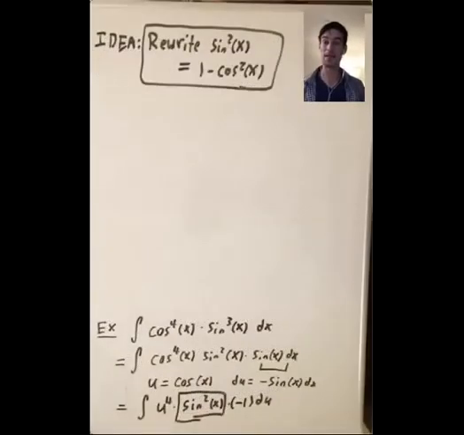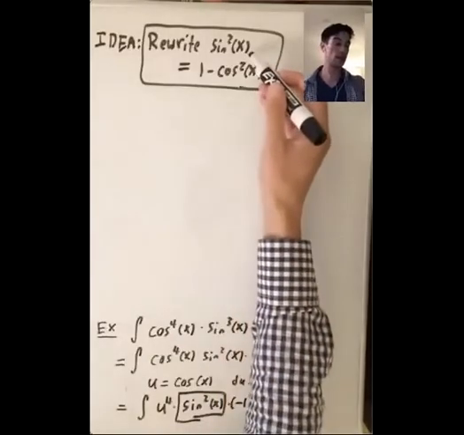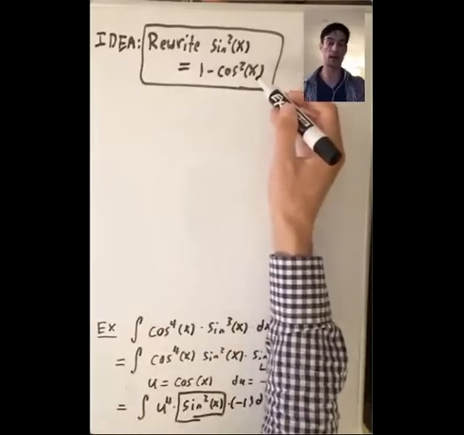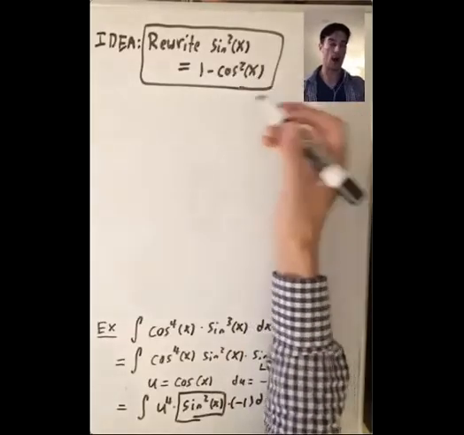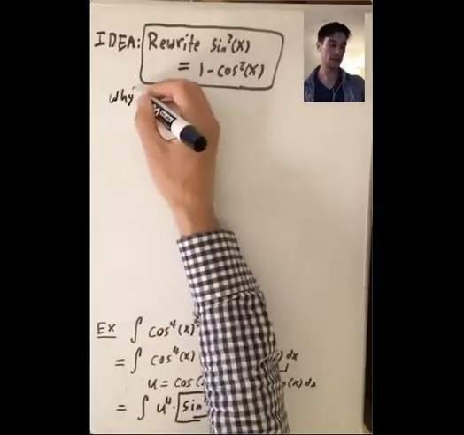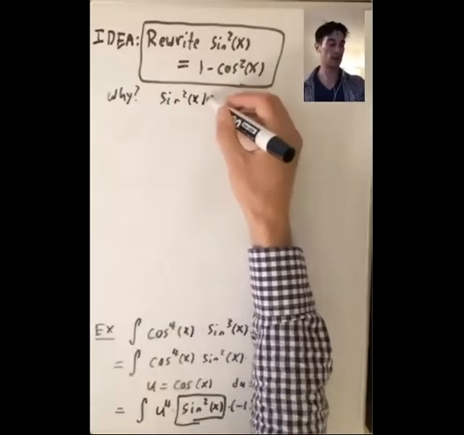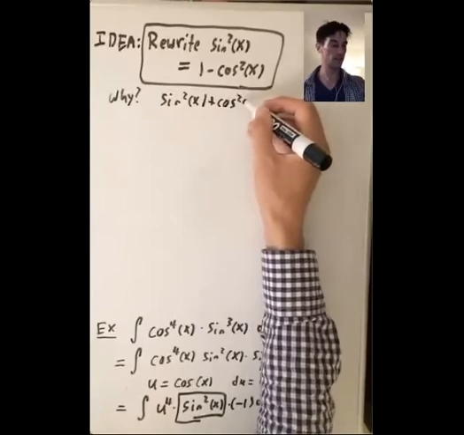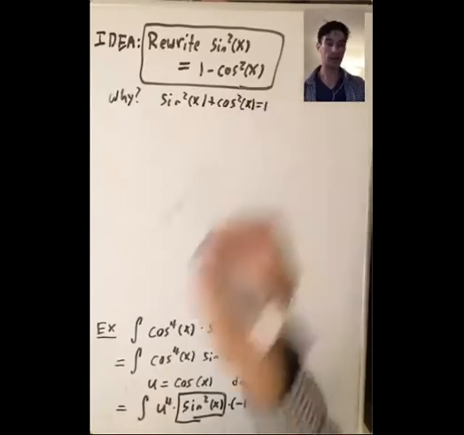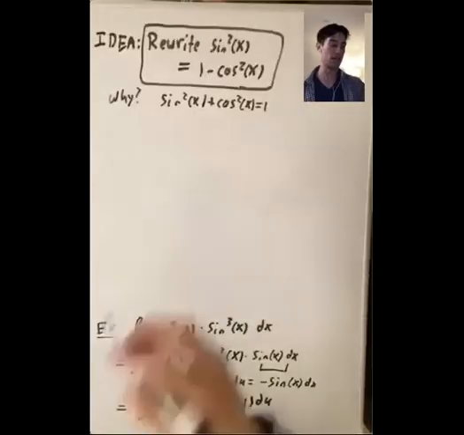So the big idea that's going to make this integral work is that we can rewrite sine squared x equals 1 minus cosine squared x. Why is that true? Why does this work? Well, sine squared x plus cosine squared x equals 1. If you know one trig identity, that's it.